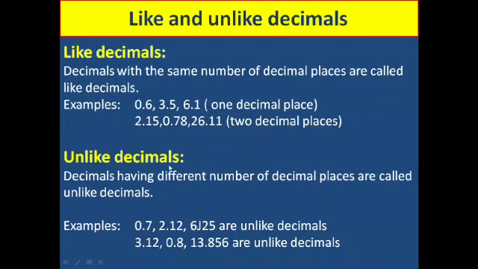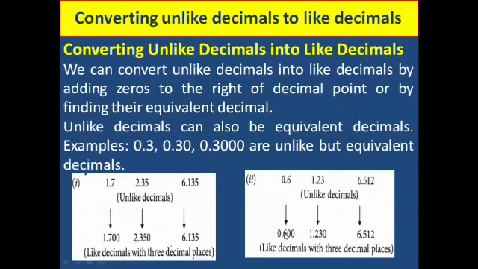And unlike decimals have different numbers of decimal places, like 0.7, 2.12 and 6.125. These all are unlike decimals. 3.12, 0.8, 13.856 all are unlike decimals.